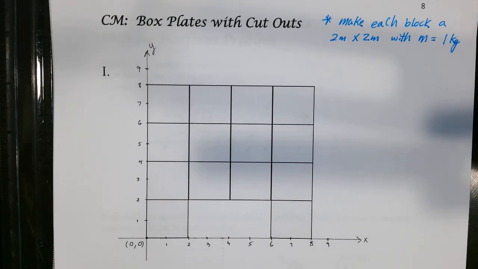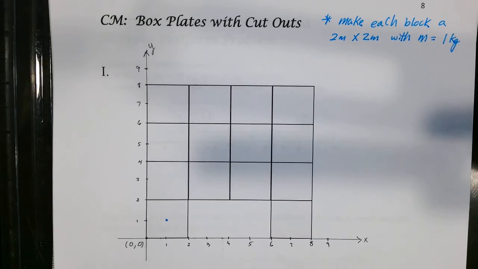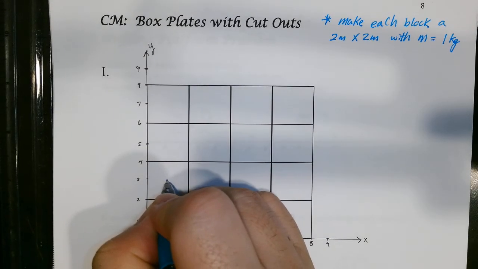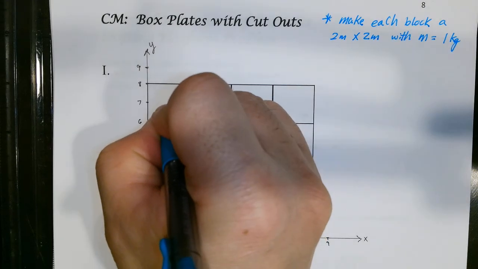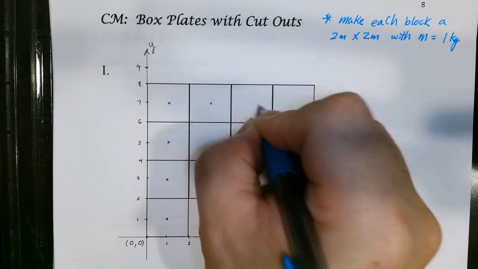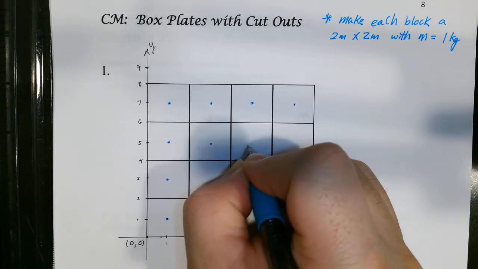So we know the center of mass is located in its geometric center. Each of these blocks will have its center of mass right smack in the center, like so.